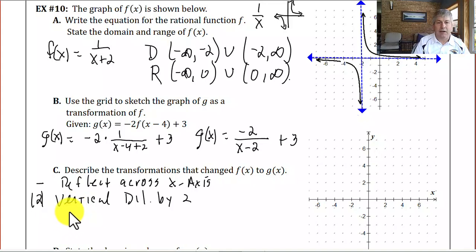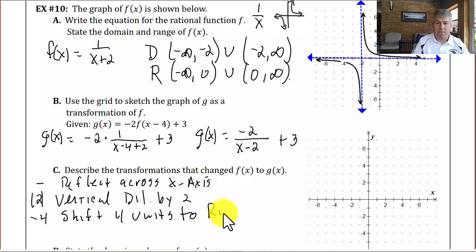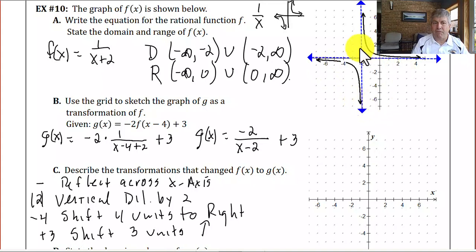Let's see, the negative 4 will shift 4 units to the right, and the positive 3 will shift 3 units up. So we're going to take our graph from A, and we're going to do all those things and take a look at what that looks like.